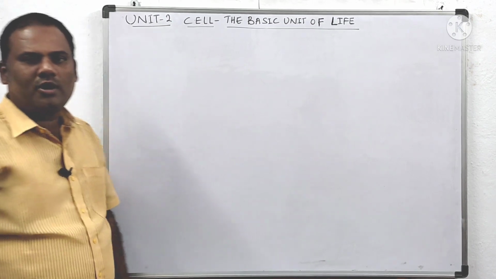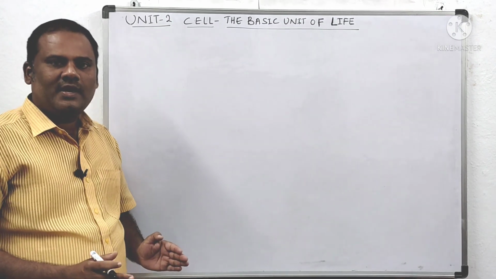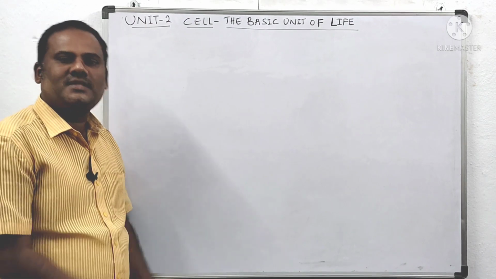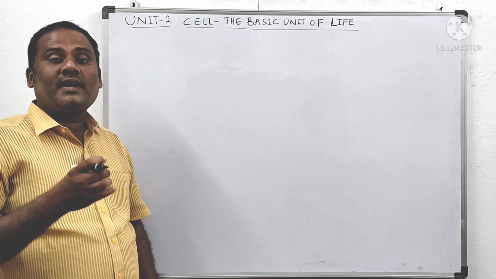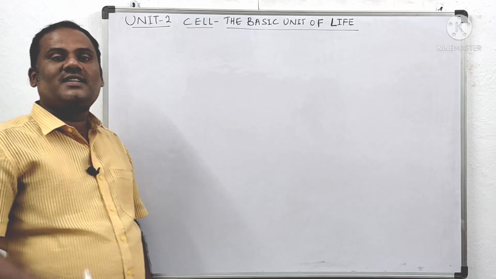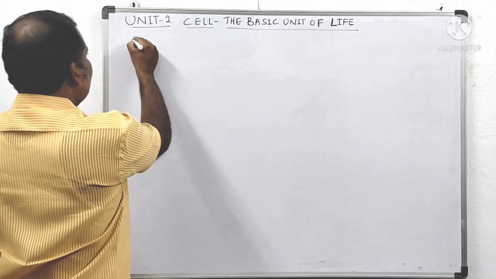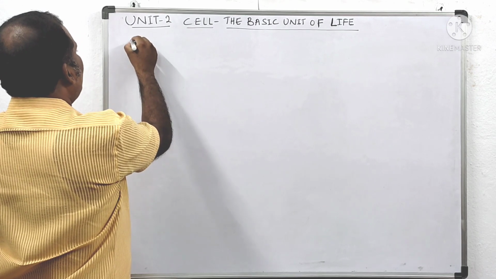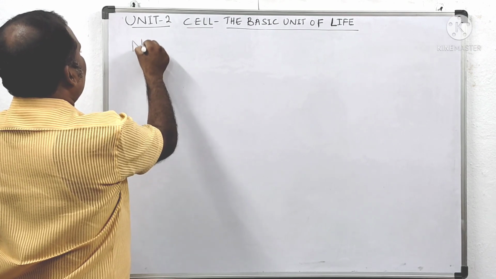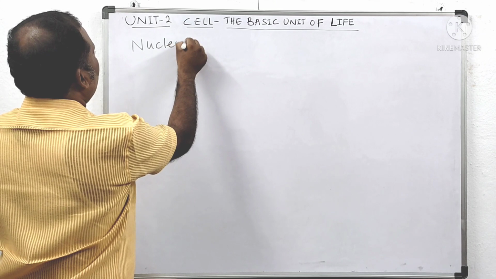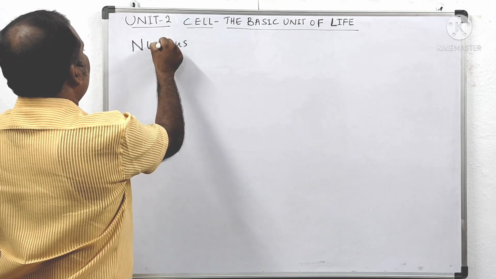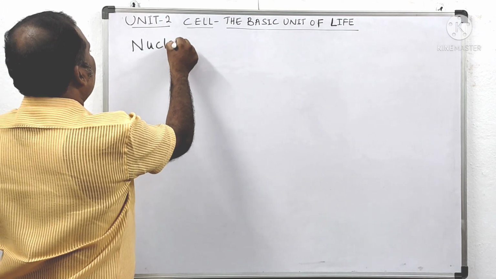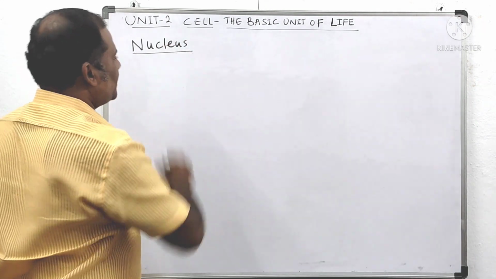Okay friends, up to now we discussed the cell and the activities concerned with the cell. Now we are going to see another important structure of the cell. What is that? Nucleus.